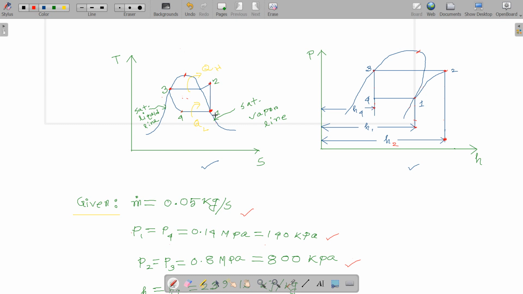So we can say that the vapor enthalpy of point 1, Hg1, is the total enthalpy of point 1, H1.